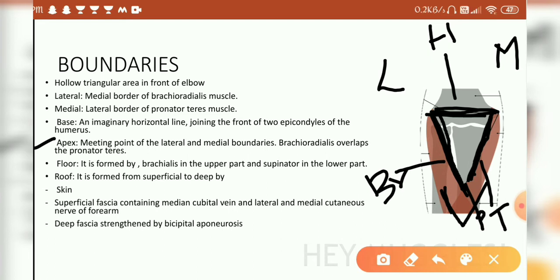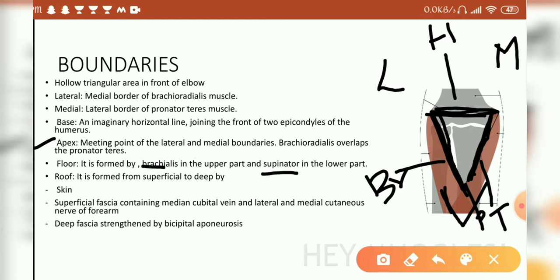Brachioradialis overlaps the pronator teres muscle and it is forming the apex, right? Coming to the floor. The floor is formed by brachialis in the upper part and supinator in the lower part. The muscles of the floor are not visible in this diagram, but the muscles forming the floor are brachialis and supinator. Brachialis in the upper part and supinator in the lower part.